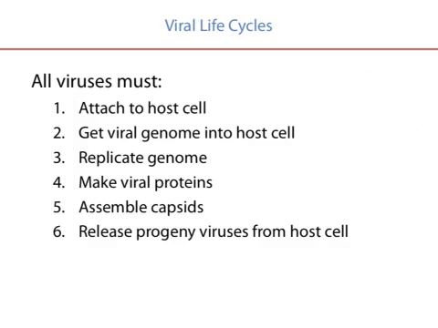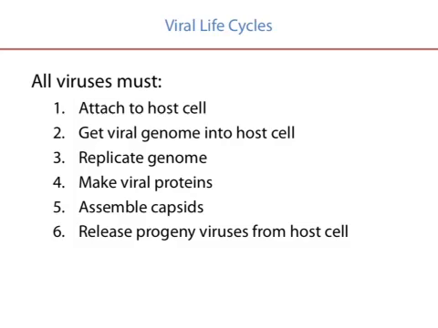Even though viral life cycles can differ depending on the genetic material and the virus type, there are six commonalities to the virus life cycle that all viruses perform. The first is that it must attach to the host cell, and it must get the genome into the host cell.